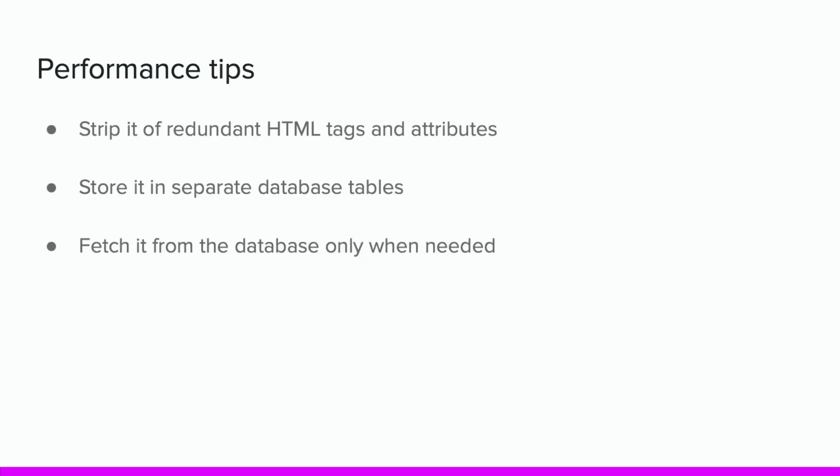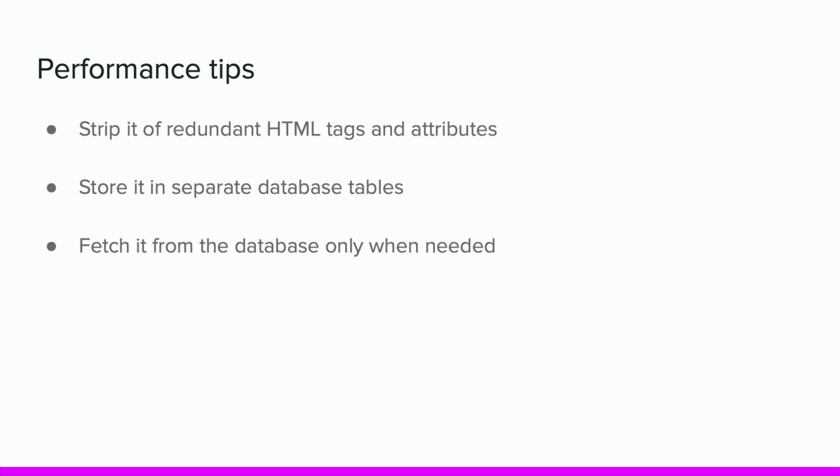So let's go and say a few performance tips about rich text. We strip it of redundant HTML and attributes. Besides being a security guard, this also helps us save some space, which can be really, really important, and we will see an example later.